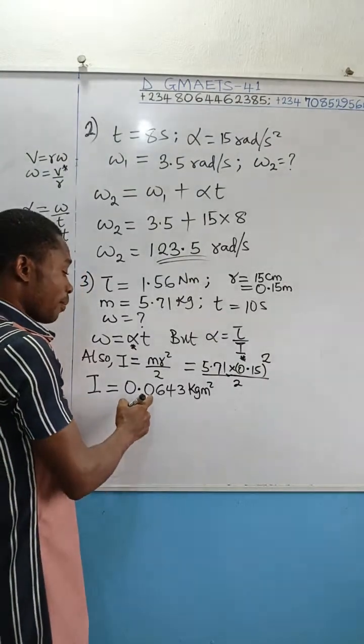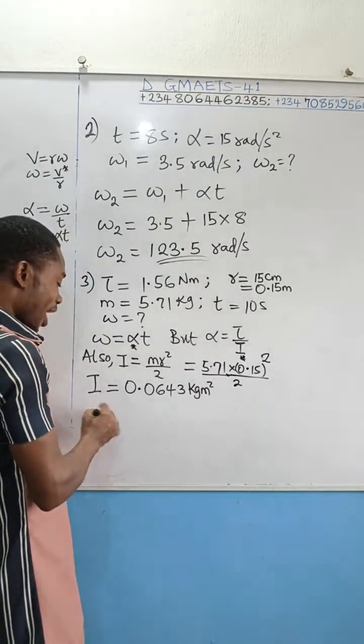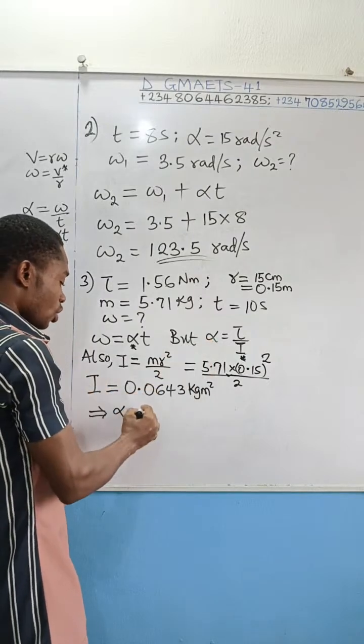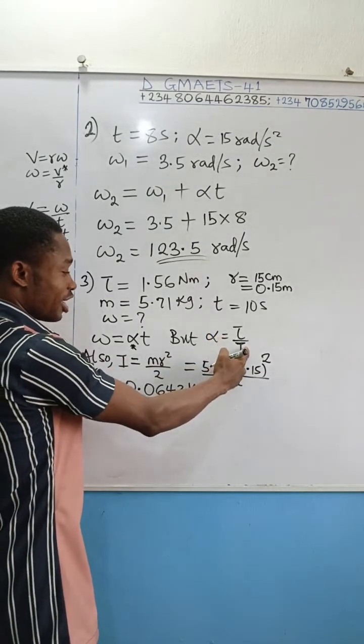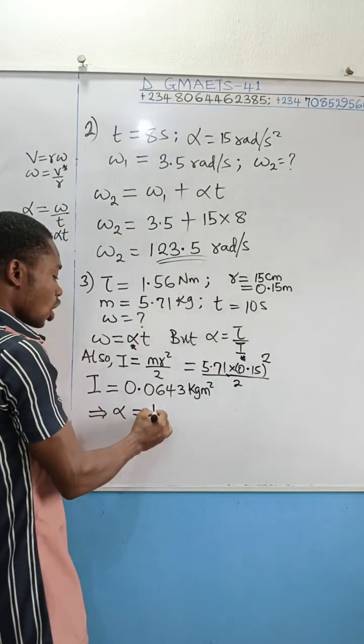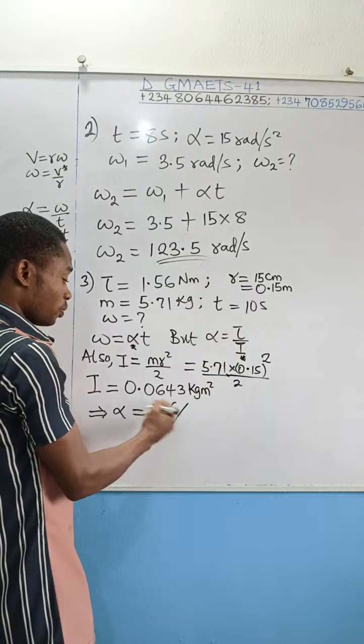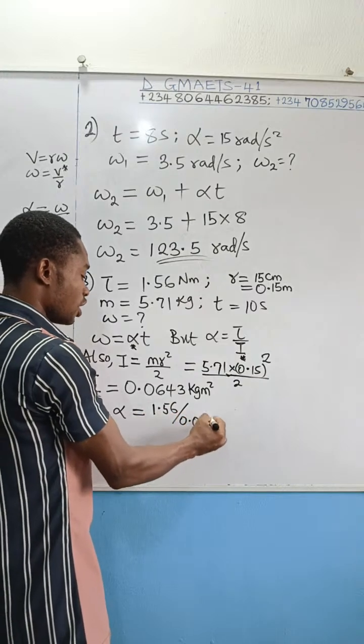Now that I've obtained my moment of inertia, my angular acceleration will be equal to torque divided by moment of inertia, where torque is 1.56, divided by the moment of inertia I obtained to be 0.0643.